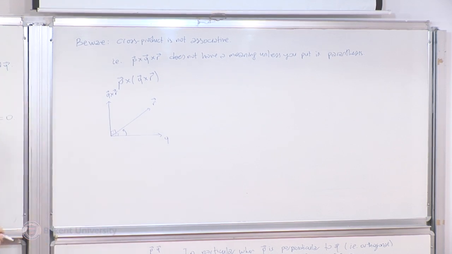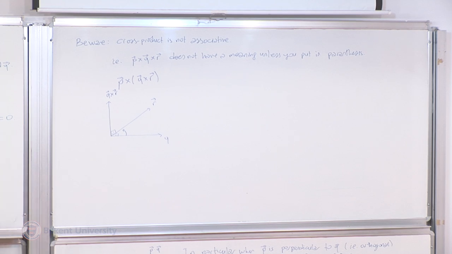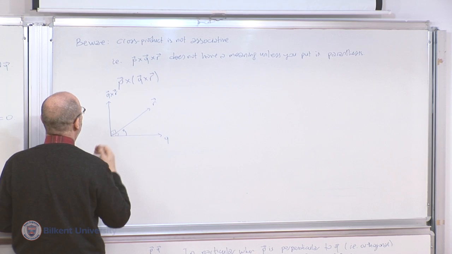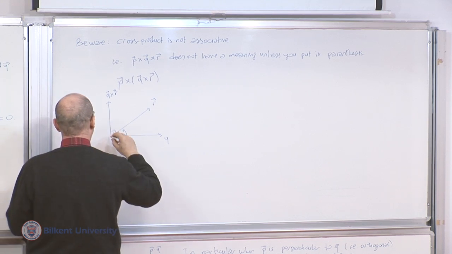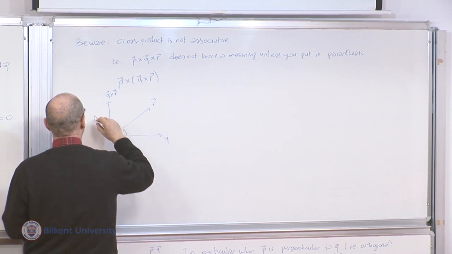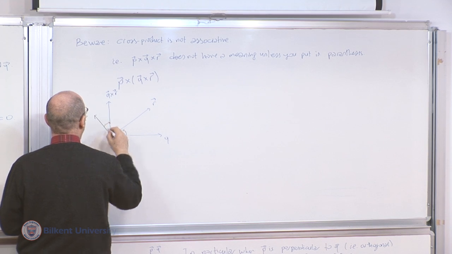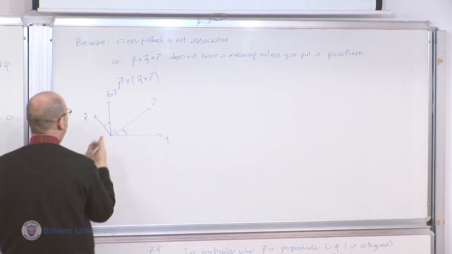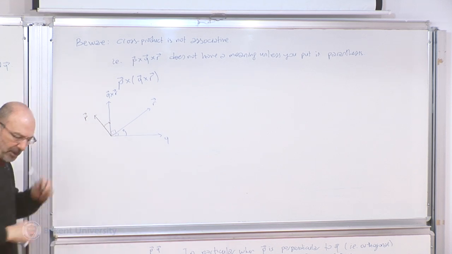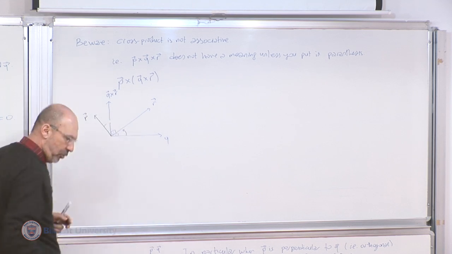Now let's take another vector, P. Maybe let's take P somewhere here like this. So this is P. Now it is in this direction. When you are going this way, it will go the other way. Let me take it on this side, but okay, let's continue with this.